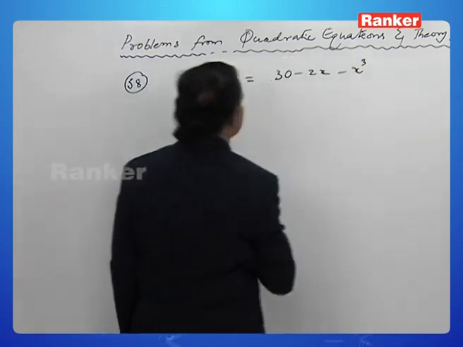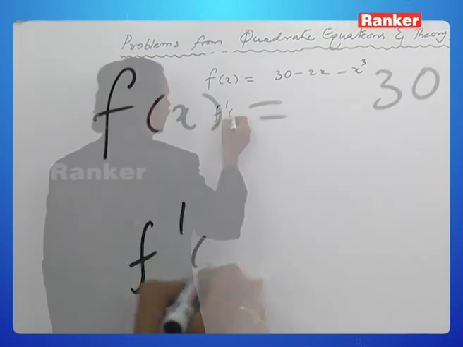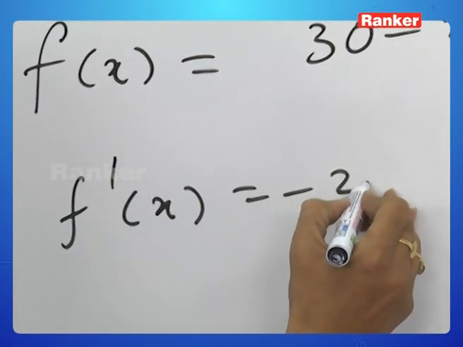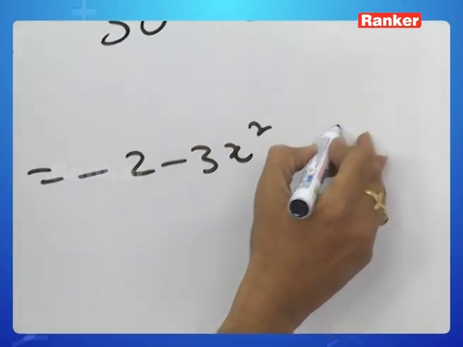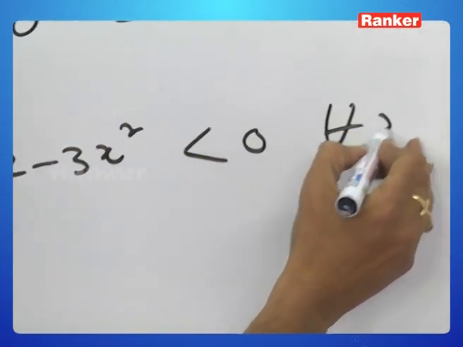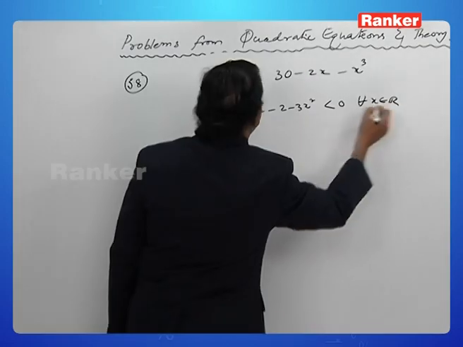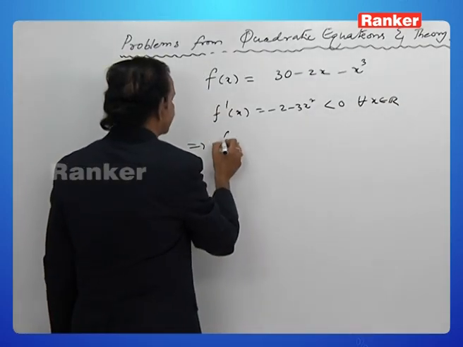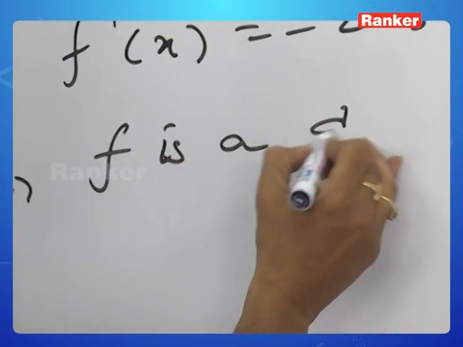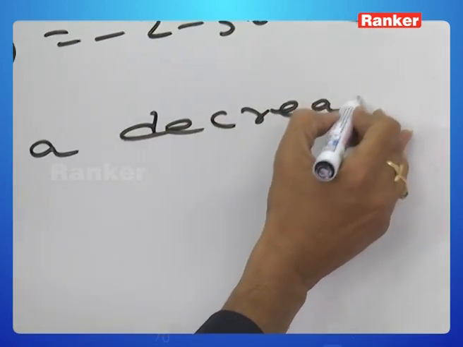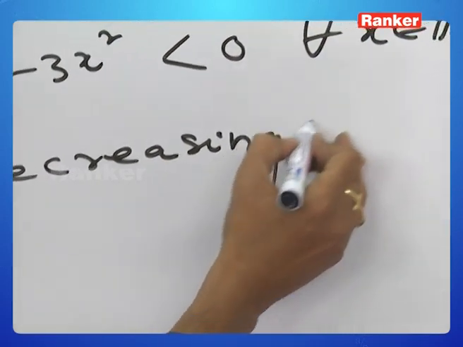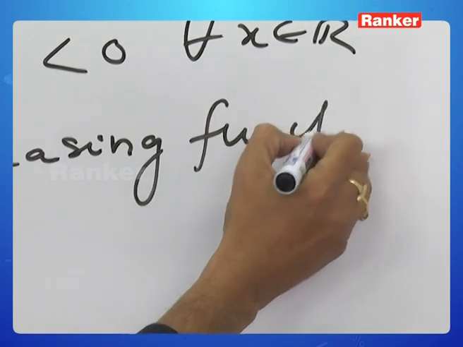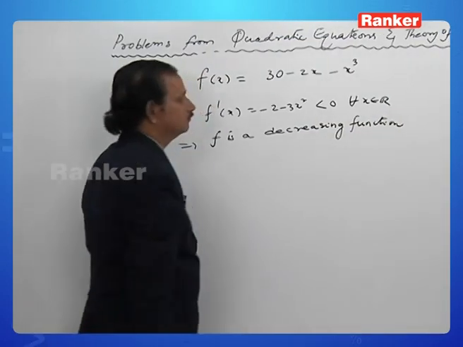This is the function. Find f dash x. It is minus 2 minus 3x square, which is surely less than 0 for all x belonging to R. This implies f is a decreasing function.